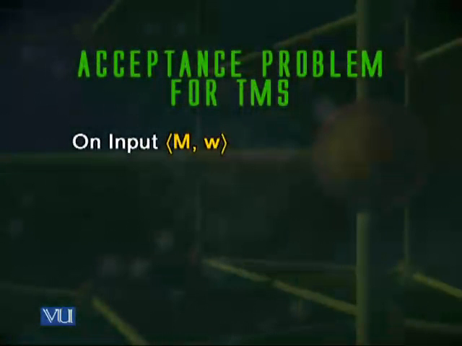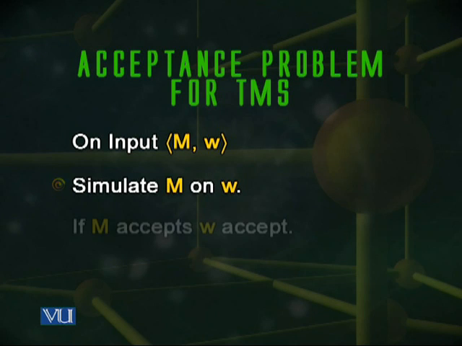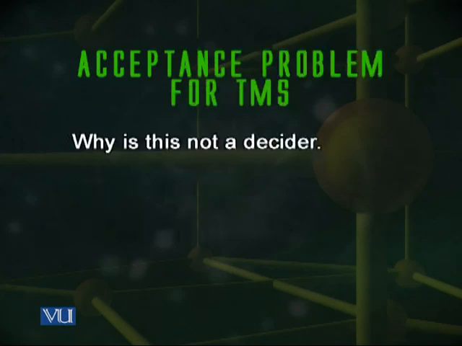Let's review this Turing recognizer for the acceptance problem for Turing machines, or the halting problem. Suppose this Turing recognizer, which we are going to call U, the universal Turing machine, gets an input M, W. All it does is simulate M on the string W, and if M accepts, the Turing machine U accepts. Let us ask why U is not a decider.